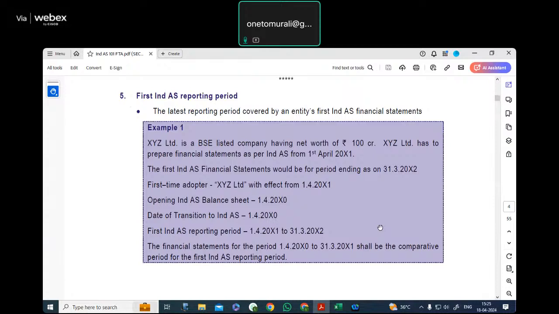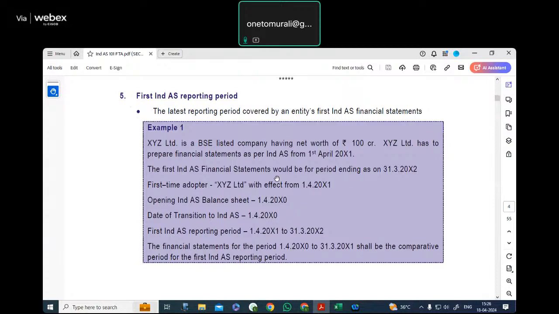The financial statement for the period from 1/4/X0 to 31/3/X1 shall be the comparative period for the first Ind AS reporting period. So the date of transition to Ind AS is not 1/4/X1, that will be taken as 1/4/X0, right?